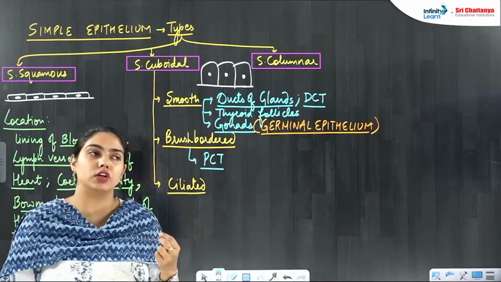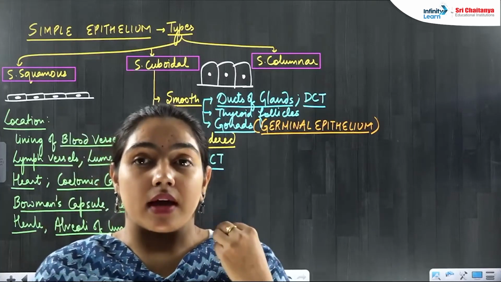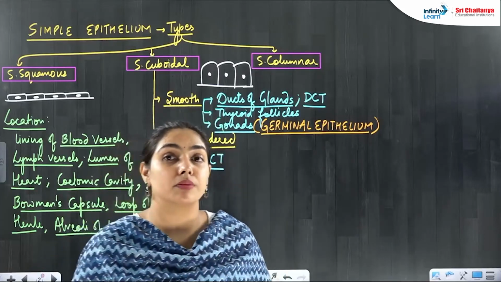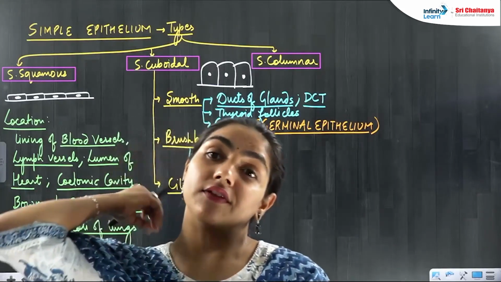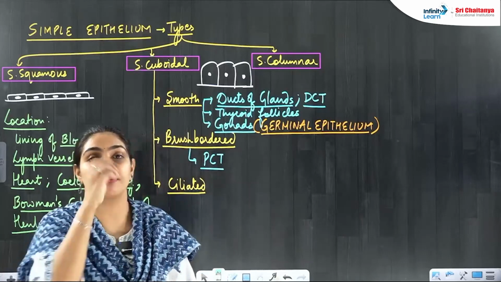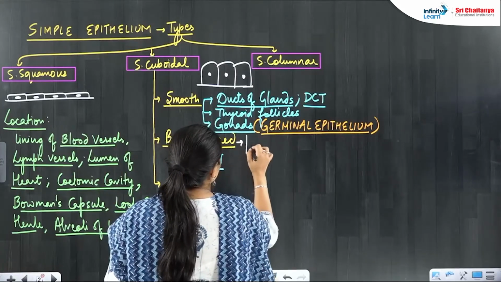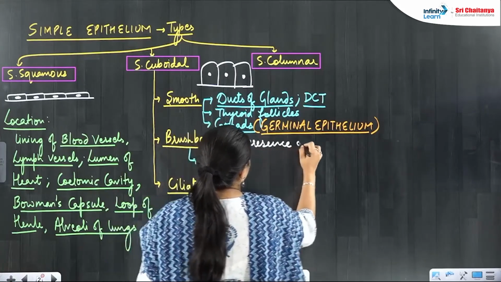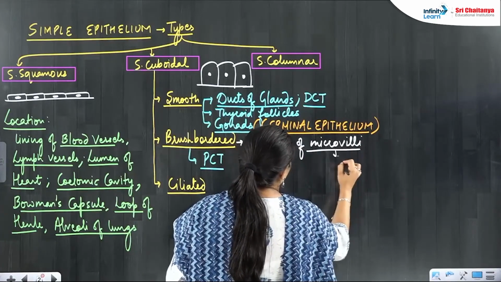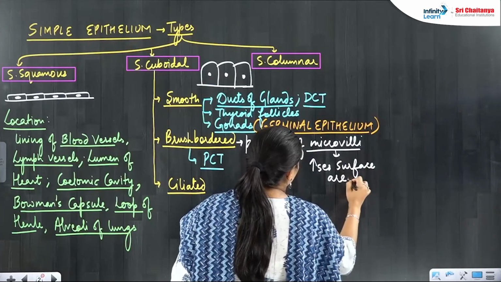PCT, the proximal convoluted tubule. Here in the PCT, maximum reabsorption will occur. Why maximum reabsorption? Because of the presence of more surface area, and more surface area is due to the brush bordered epithelium, or you can say microvilli. So, brush bordered means the presence of microvilli, and the presence of microvilli increases the surface area for absorption.